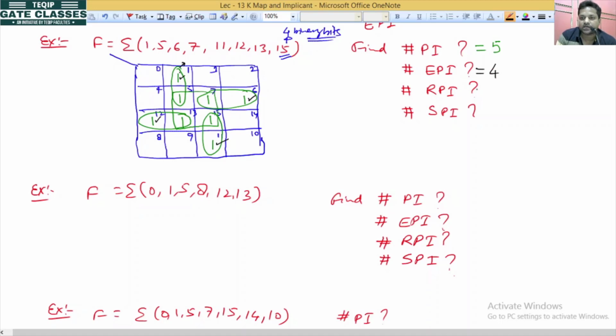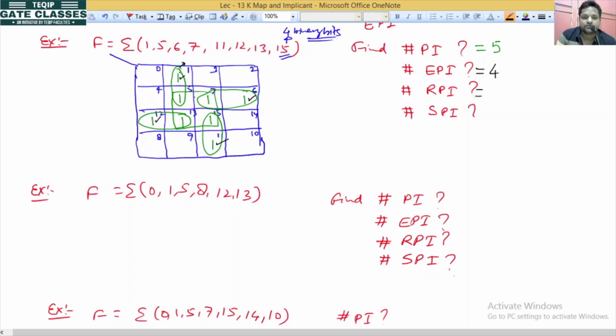Okay, now go for RPI. RPI means all the cells are covered by EPIs. Then that will be known as RPI. So we know that an EPI can never be an RPI. So we have only one group here, this quad.